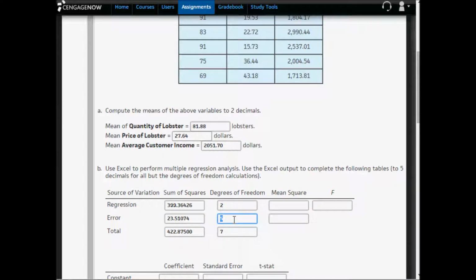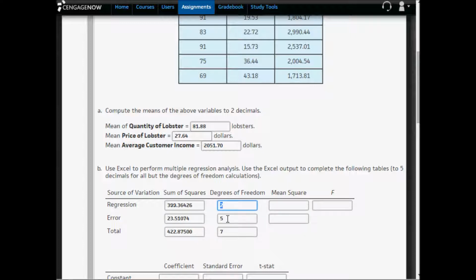So 8 minus 3 is 5. Notice that 5 plus 2 is 7. Also notice that 23.5 plus this number is the SST. So the SSE plus the SSR equals the SST.